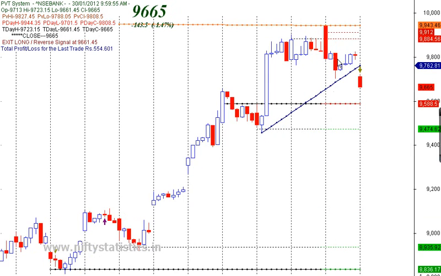Here on this day we are getting a gap down signal and it is at 9661.45 paisa. So what we'll do, we'll deduct 1 rupee and we'll put our stop loss sell at 9660.45. This is the day opening candle and we are getting it at the lowest price of the day.